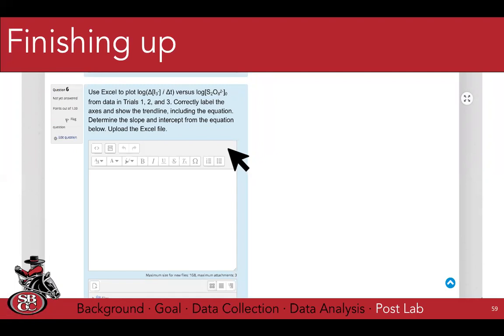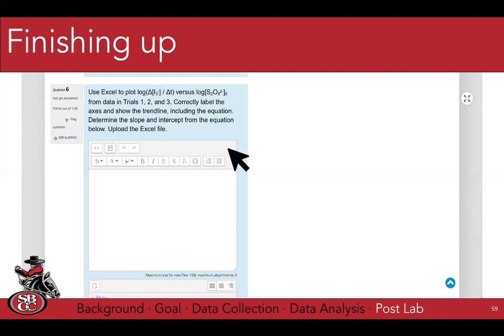You only have to upload one. I think there are some mathematical ways that you can determine it, and some logical ways you can look at the data and understand the order when you see it. But I graphed them both. It wasn't very hard and didn't take me very long, but you only need to upload one. Make sure you have everything graphed in the correct way, with the axes labeled and the trend line, because the slope is going to give you that coefficient.